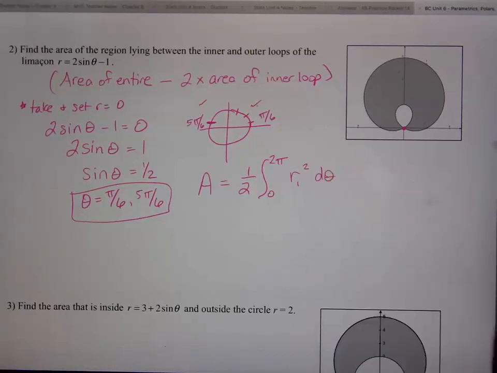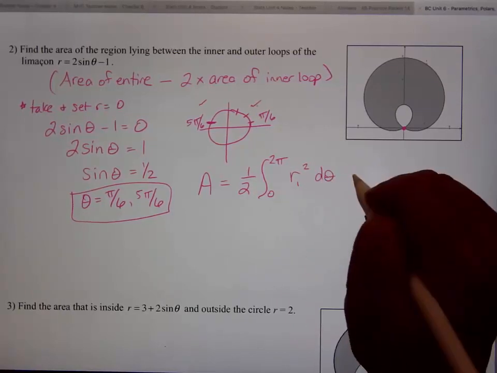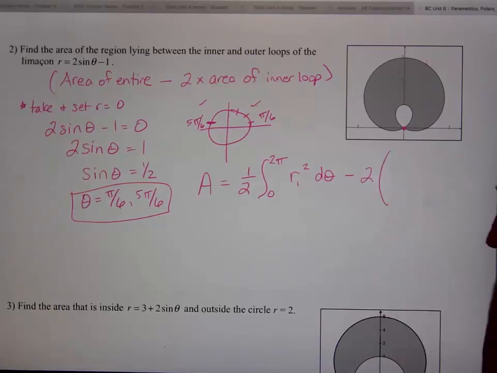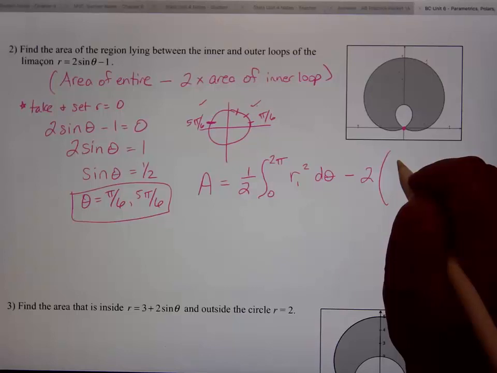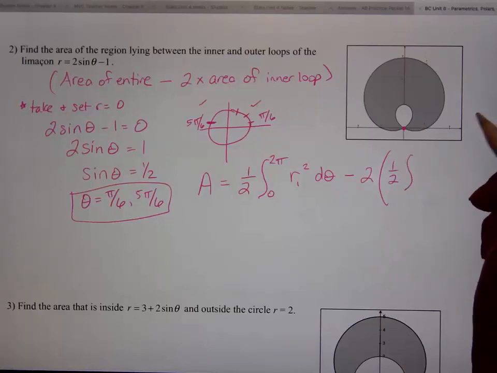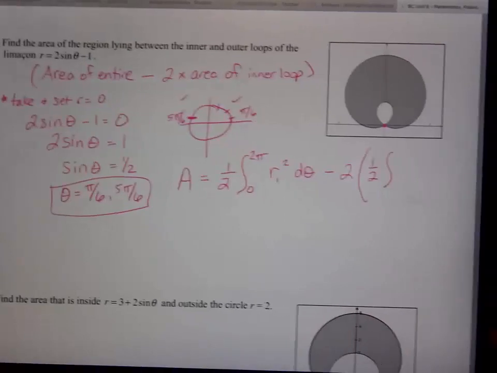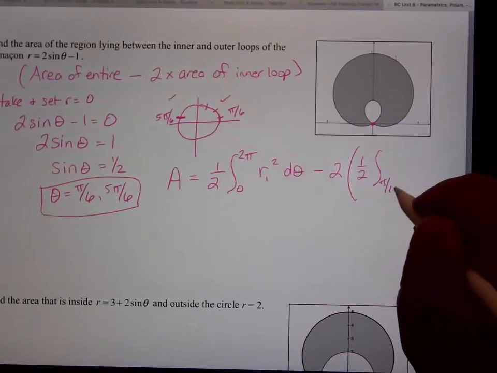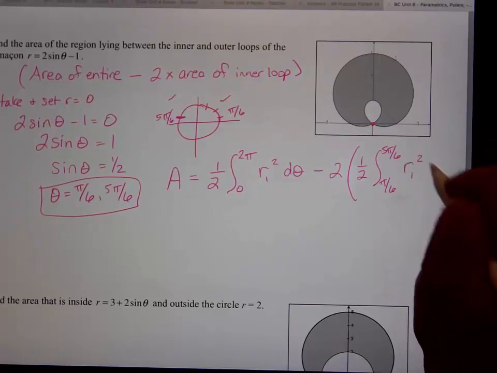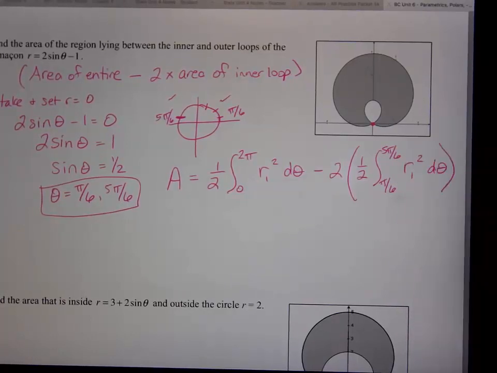That's the whole thing. And we're going to subtract off 2 times 1/2 integral, with limits pi over 6 to 5 pi over 6, of r1 squared d theta. If there's only one equation, r1 squared is what you always put on the inside.